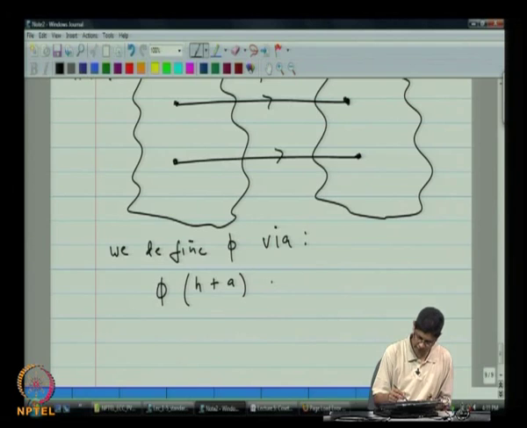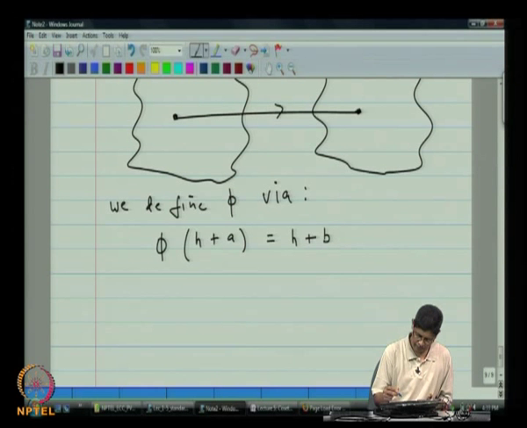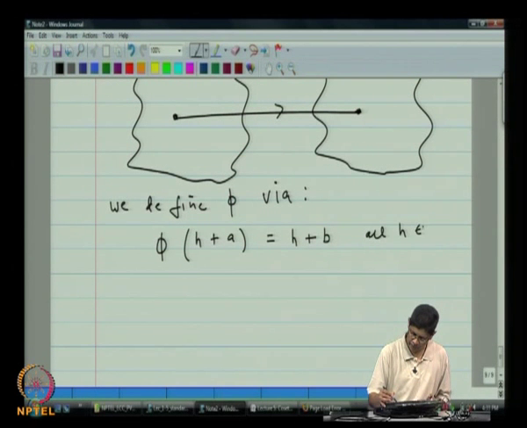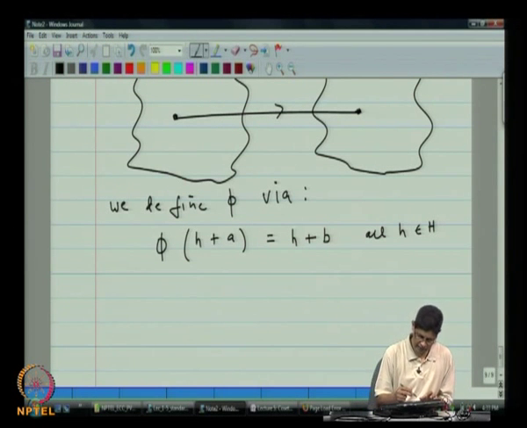So, phi of H plus A will be H plus B for all H in H.